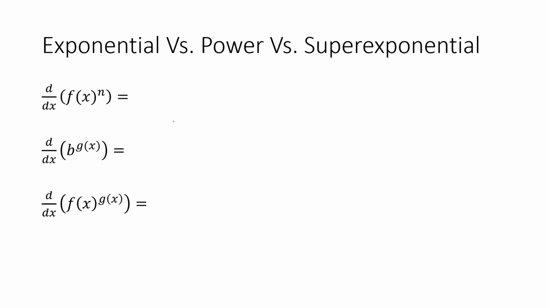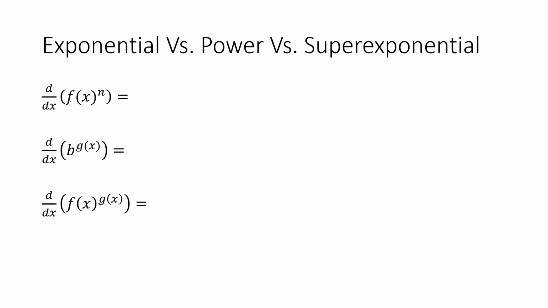Now I just want to take a moment to compare the difference between some of these functions that we've encountered. For instance, we've encountered exponential, power functions, and what I'm going to call super exponential, which I'll explain in a moment.